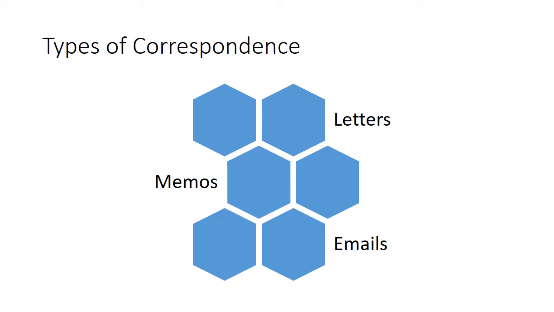Memos are sometimes sent digitally, sometimes sent physically, and we will get into the reasons for why that's the case. Emails, of course, are natively a digital electronic form, but sometimes, as in legal situations, people want to print out emails so they can have a physical existence and have a reason for existing physically as well.